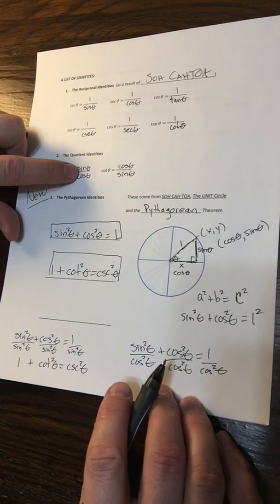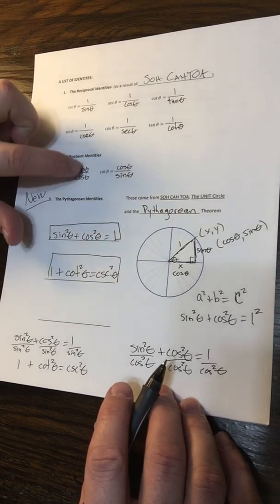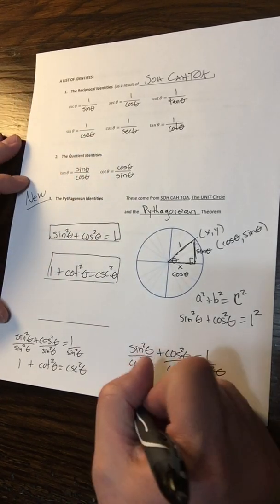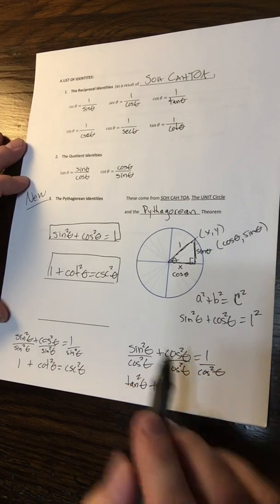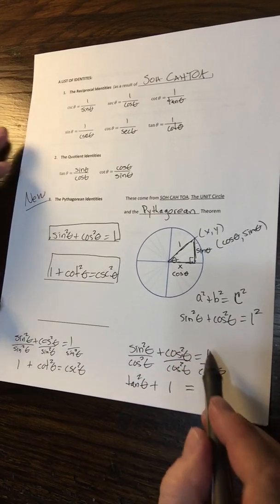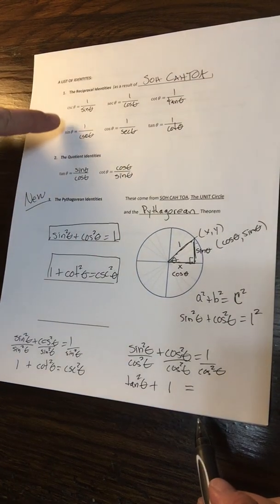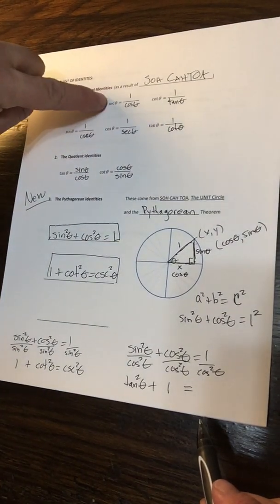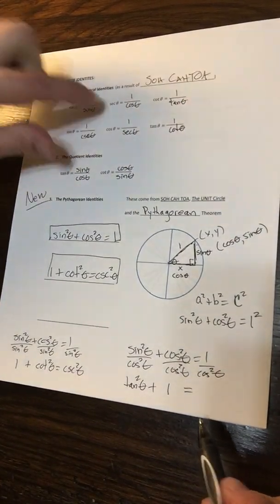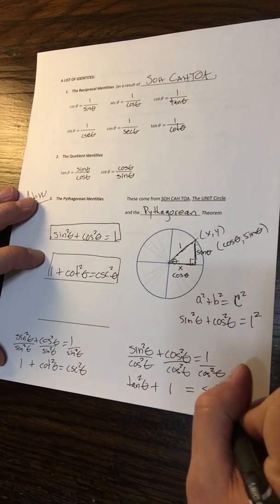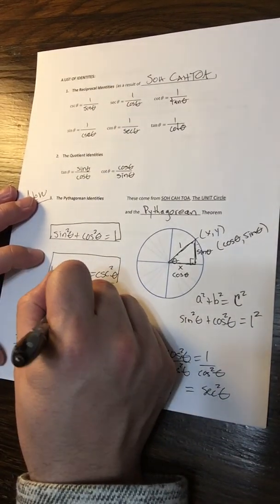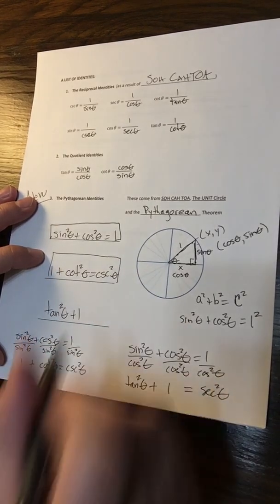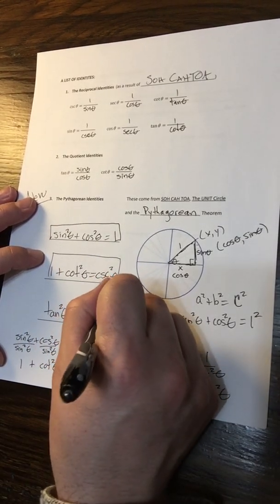Sine over cosine is tangent, so sine squared over cosine squared would be tangent squared theta. Cosine squared divided by cosine squared is 1. And 1 over cosine is secant, so 1 squared over cosine squared is going to be secant squared theta. So it's the case that tangent squared theta plus 1 is equal to secant squared theta.